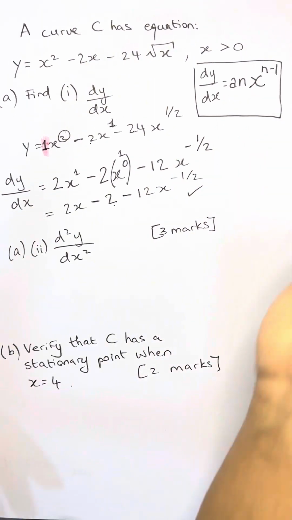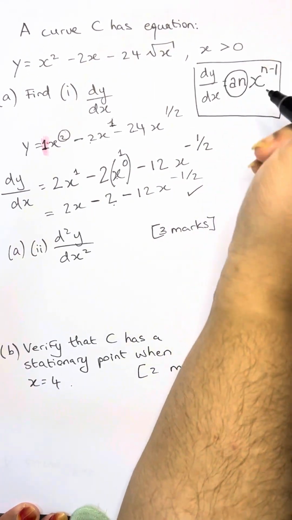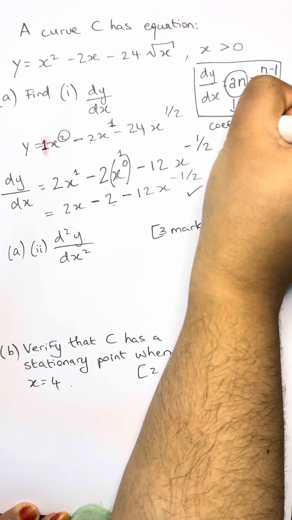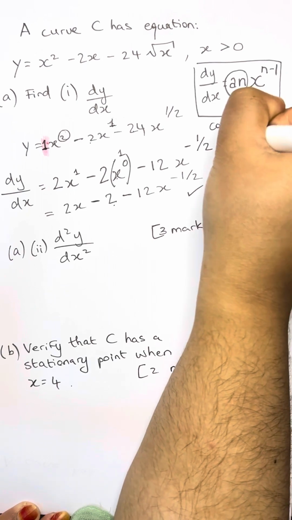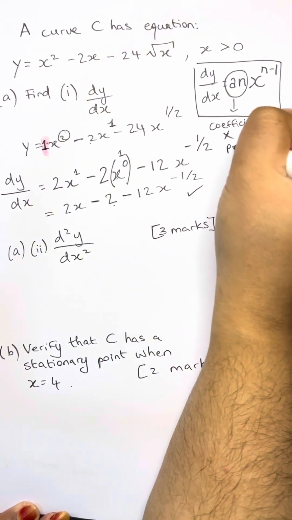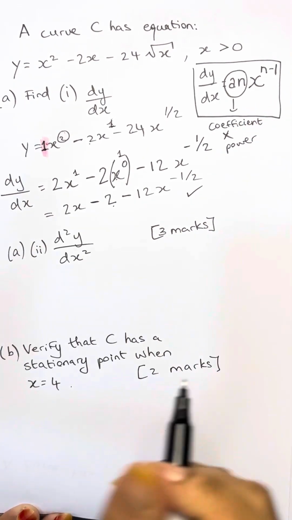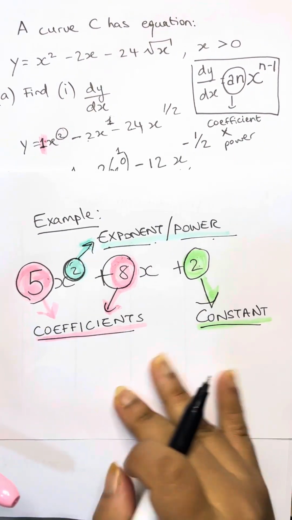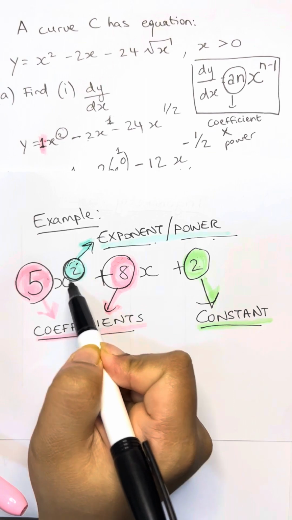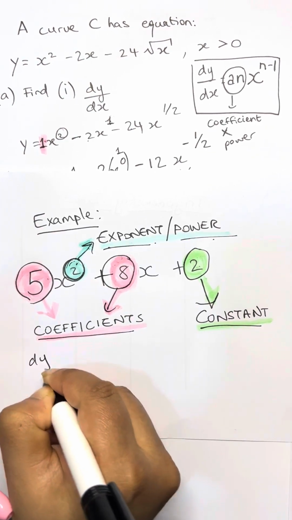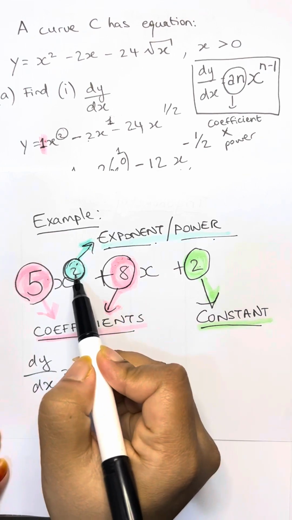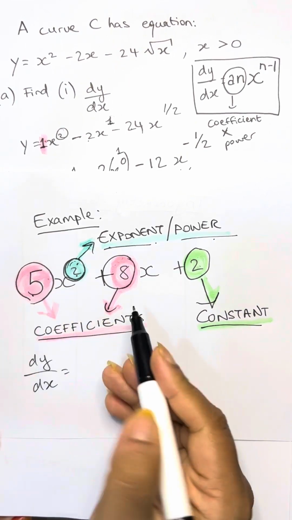So the first step in differentiation is multiplying what? The coefficient times the power. Just to remind you, this is just an example: in dy by dx, you always multiply the power with the coefficient.